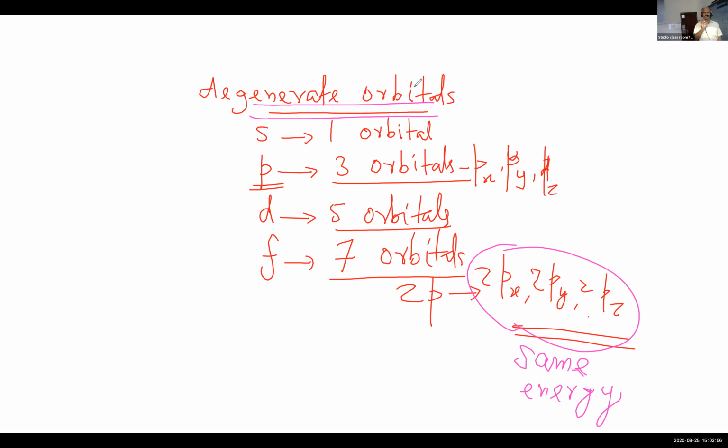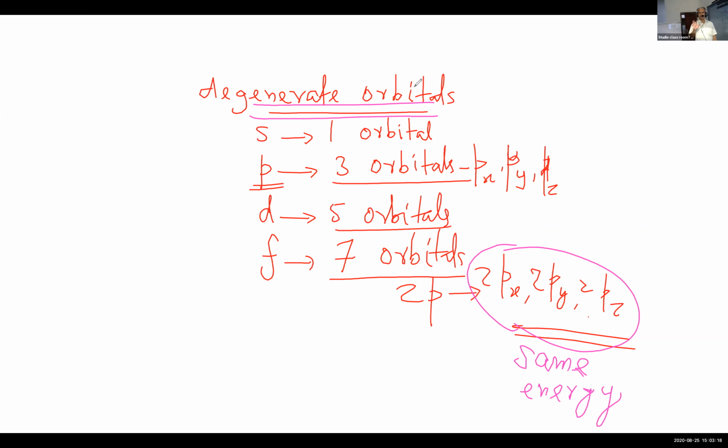That is, n and l, both these values are needed to determine the energy of an electron in a multi-electron species. Multi-electron means an atom in which there is more than 1 electron. Hydrogen has only 1 electron.